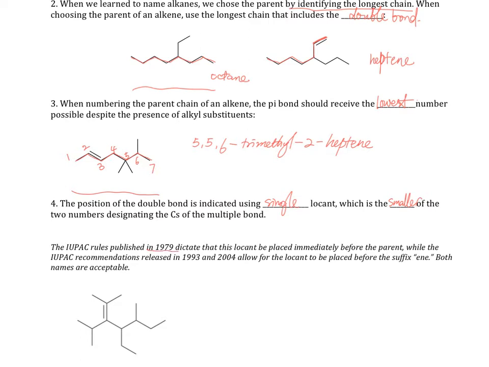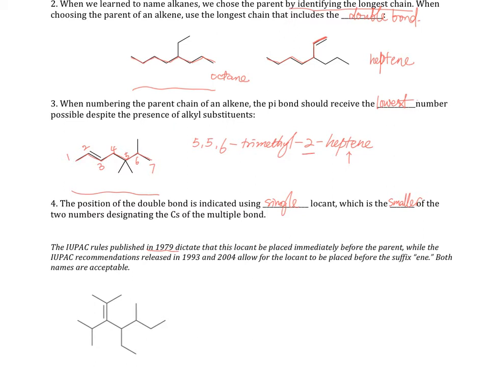However, in a later recommendation released from IUPAC, it's actually recommended to put this location number 2 for the multiple bond right in front of the suffix. So we're going to insert it here.